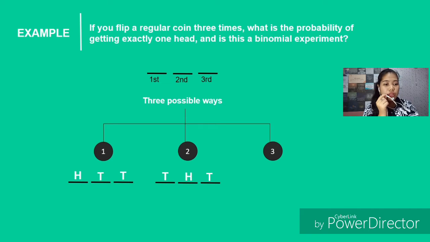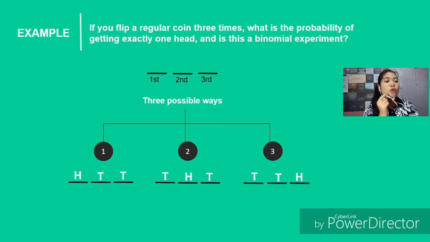The third and final way is to get tails on the first and second flip and then heads on the third flip. So overall, we see that there are 3 different outcomes where we get exactly one head, and they vary based on the order.